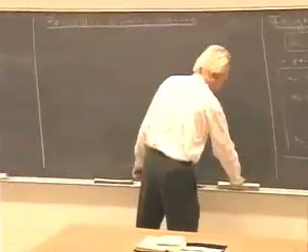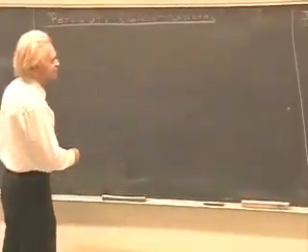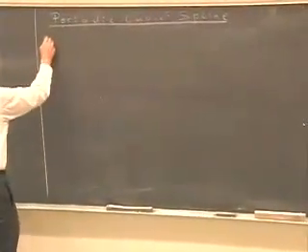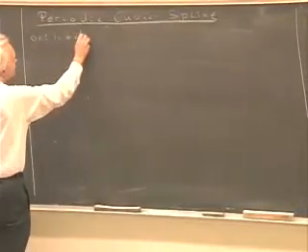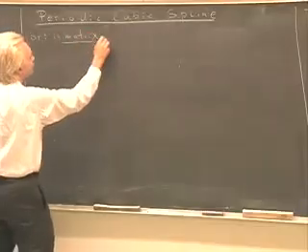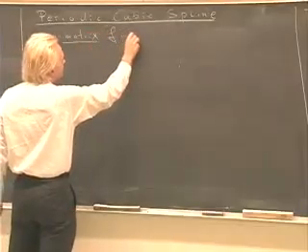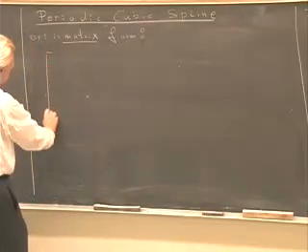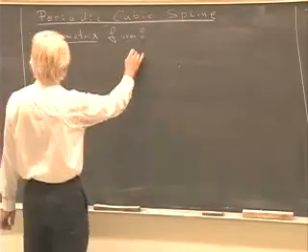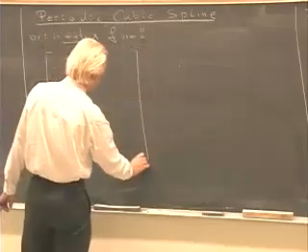All right, so I just write the same thing in matrix form. I have this huge matrix. What is the unknown vector?